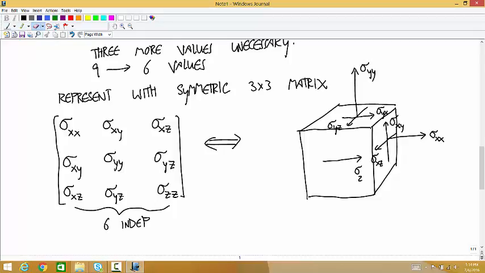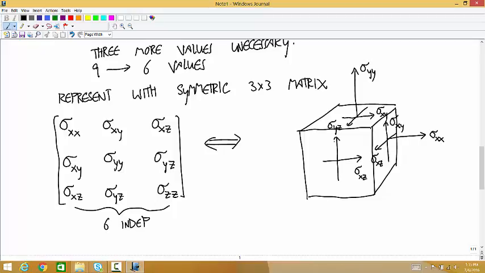Sorry, I don't mean to make this a mess, but let's use the symmetry here. So let's change this one on the y face, the one in the x direction. Let's call that xy. So now in the z face, this one is xz.